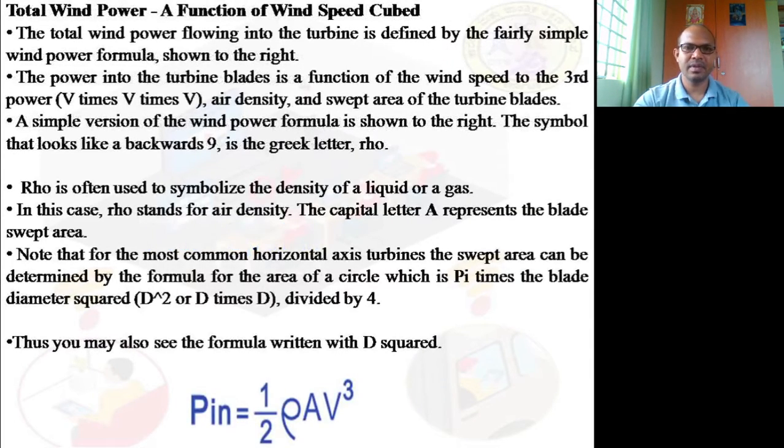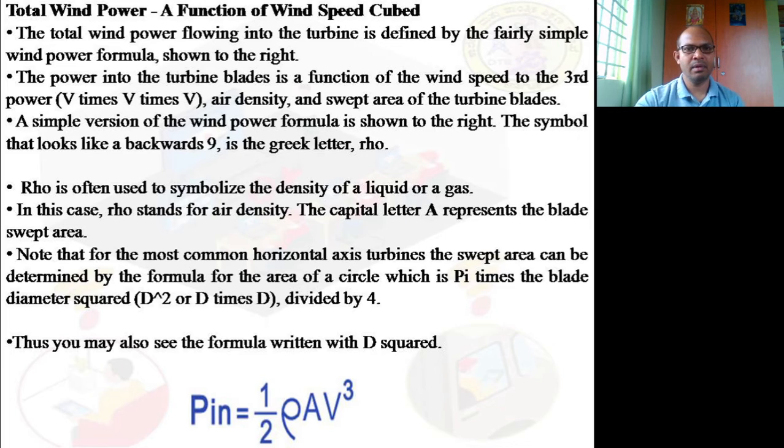Now, the total wind power is a function of wind speed cubed, that is rho A v cubed. This is what we were discussing, the power in.